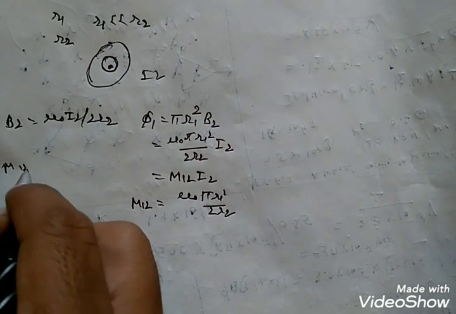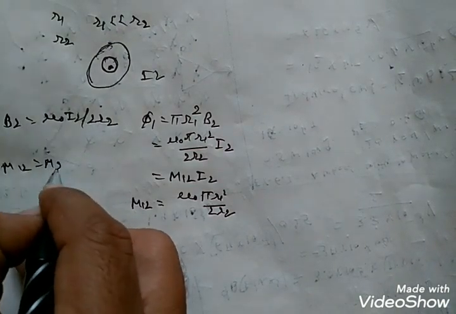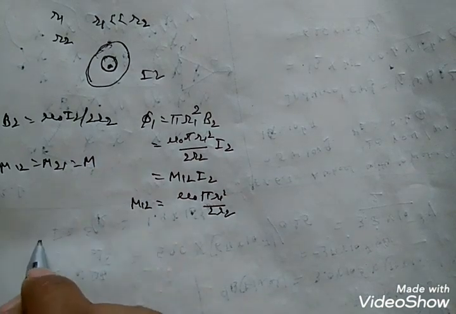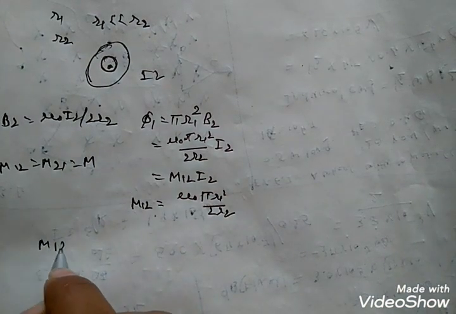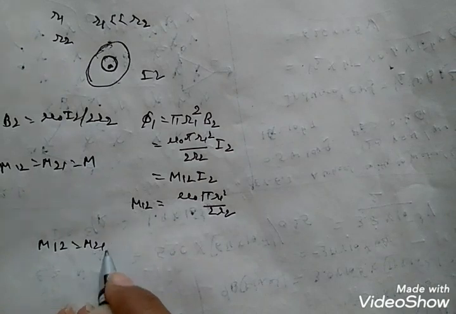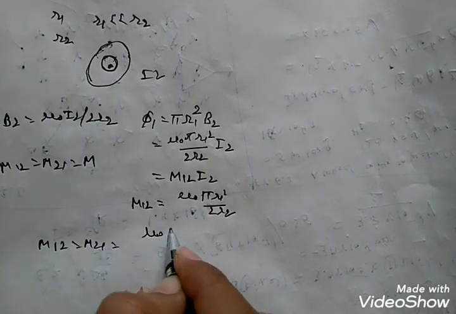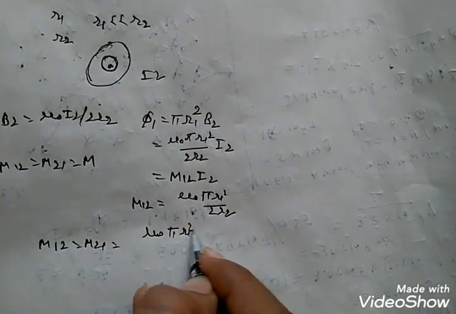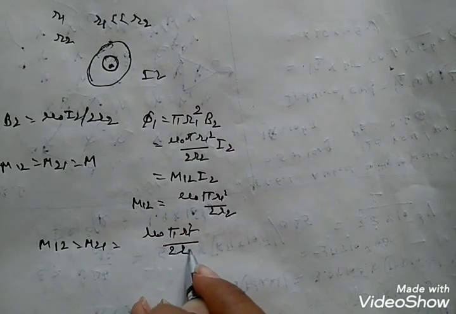Now from the earlier equation, M12 is equal to M21 is equal to M, which is mu 0 pi R1 square upon 2R2.